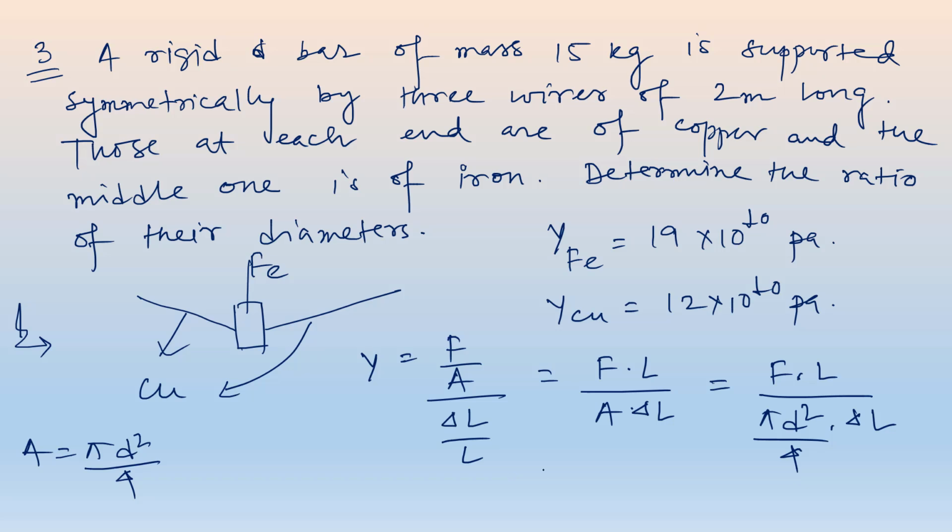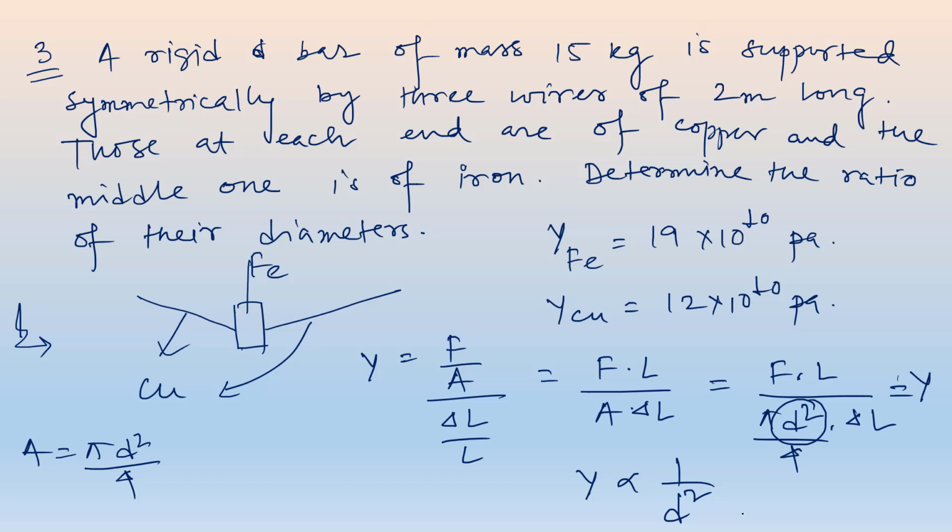I need the d square only because I need the ratio of their diameters with respect to their Young modulus. Y is inversely proportional to d square, since d square is in the denominator. It is as simple as possible.